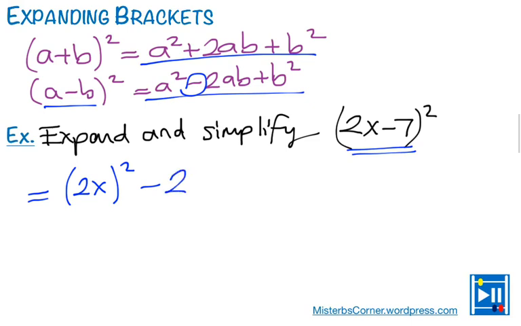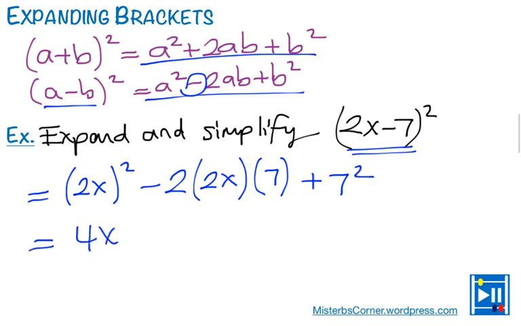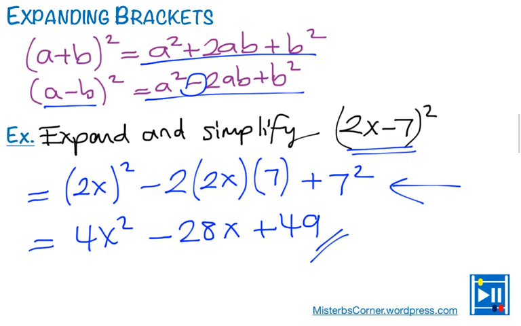Now I have to multiply the 2 of these terms, so 2x and 7, and then plus 7 squared. So if I expand, it's going to be 4x squared minus 2 times 2 is 4, 4 times 7 is 28x plus 49, I'm done. And, I mean, even without this step, you can just write this answer down.